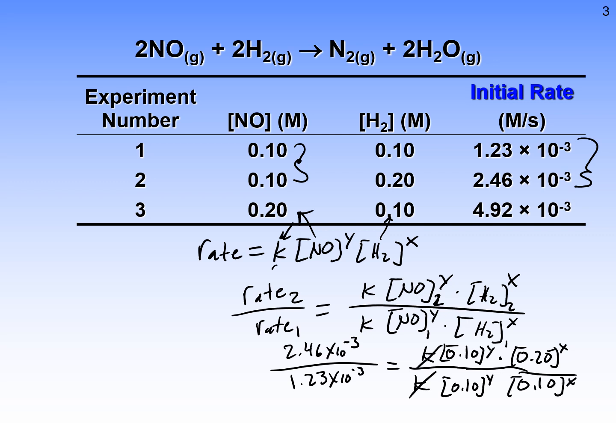Now, if you notice, K is going to be the same, so that cancels. And whatever 0.1 is to the power of Y divided by 0.1 to the same power of Y, these 2 are going to cancel.